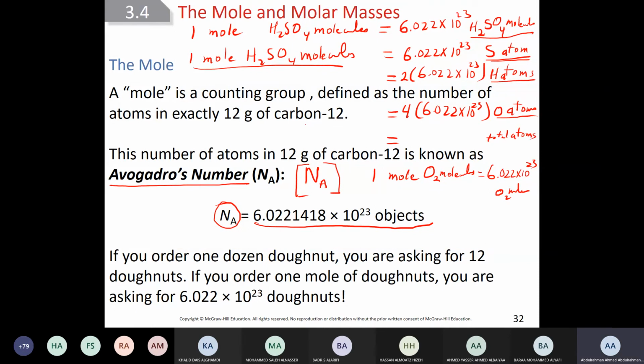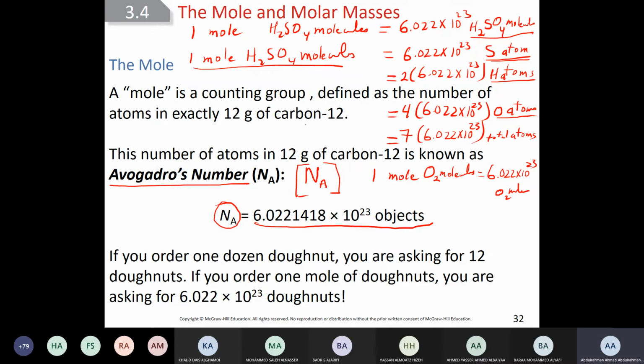What is it equal to? 7 times Avogadro's number, 7 times 6.022 times 10 to the power 23 total atoms. Is this clear?